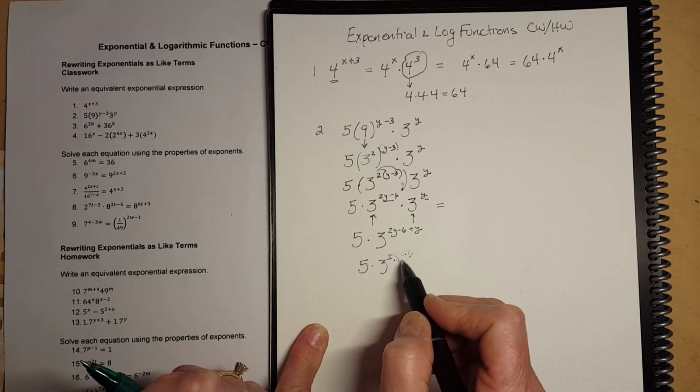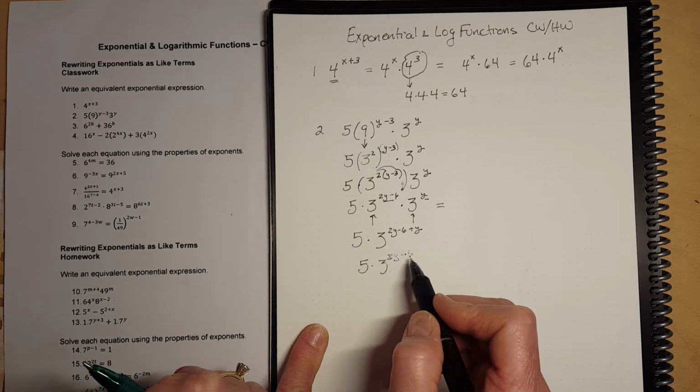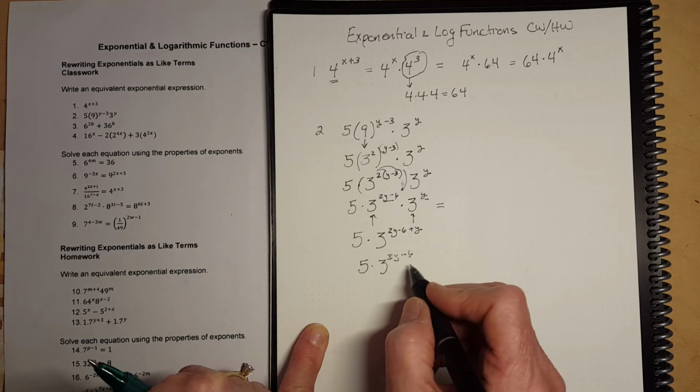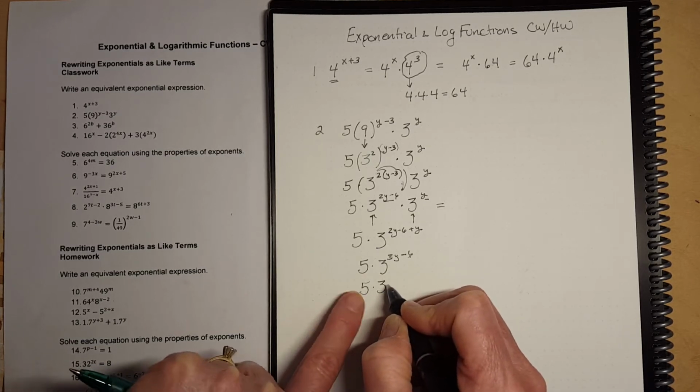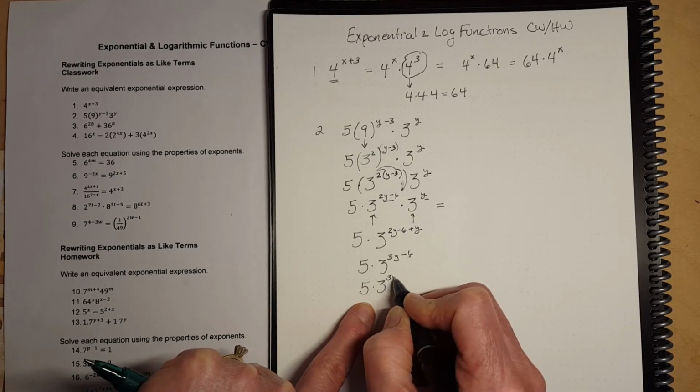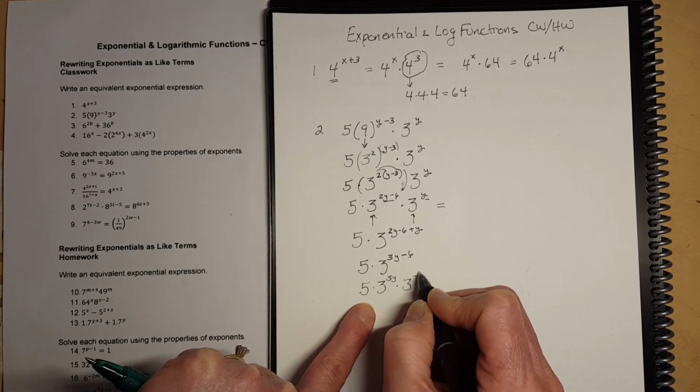Now this minus 6 part of the exponent is the same as if I rewrote this as 5 times 3 raised to the 3y times 3 raised to the negative 6.